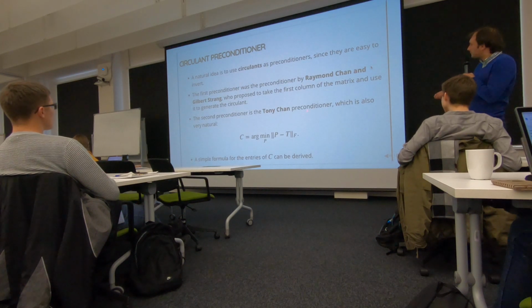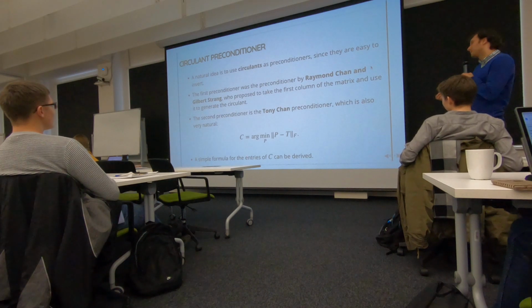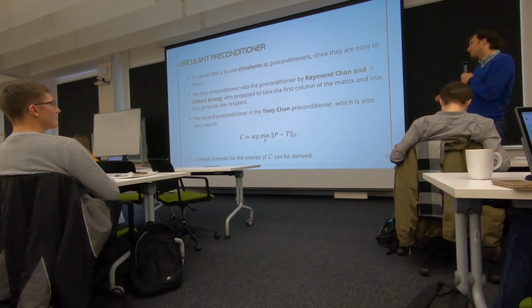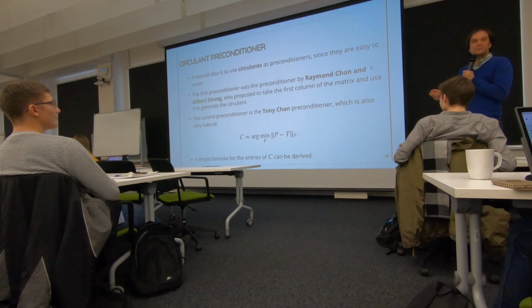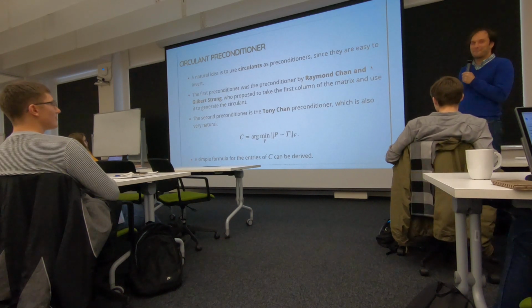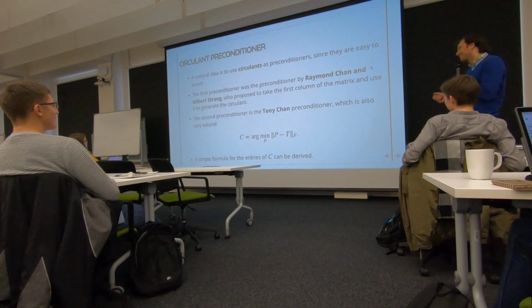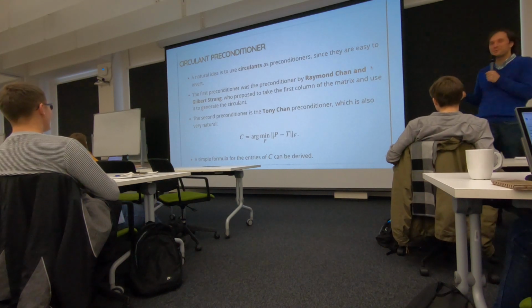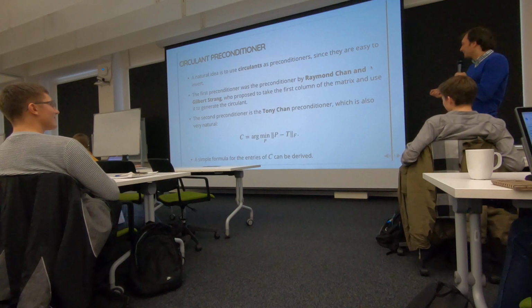Another one was proposed by another Chan, which is not this Chan, Tony Chan. Is Tony Chan related to Skoltech, who knows? No one knows. He's a member of the Board of Trustees of Skoltech.